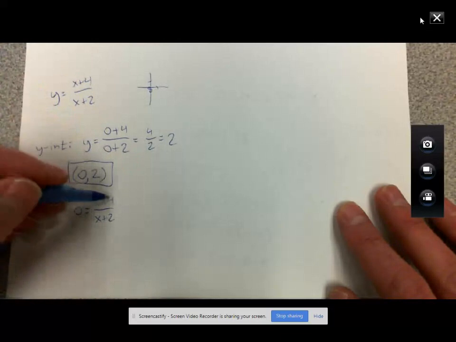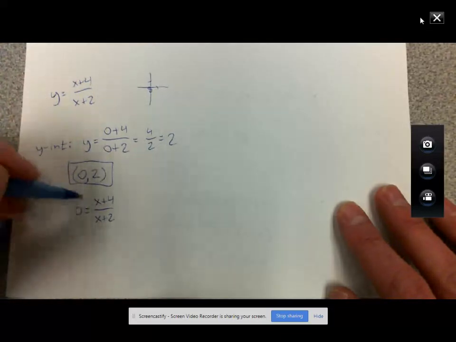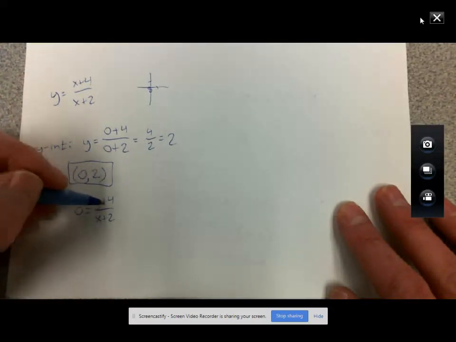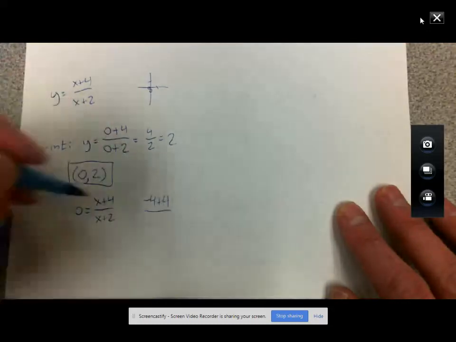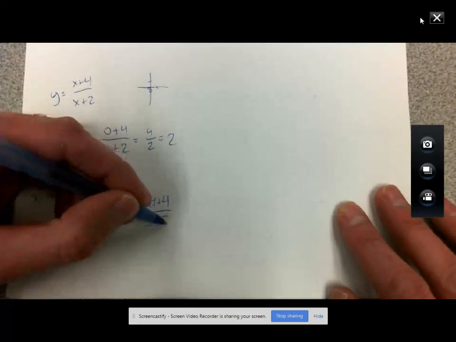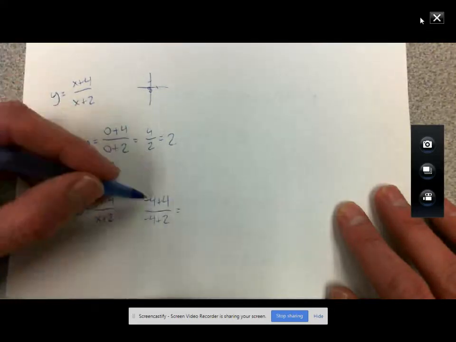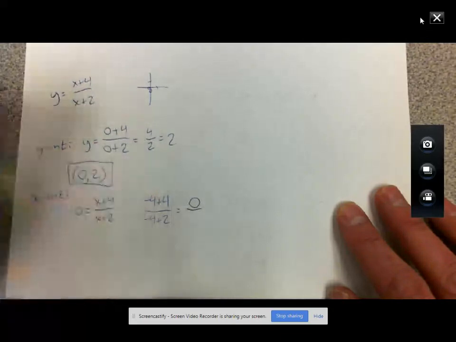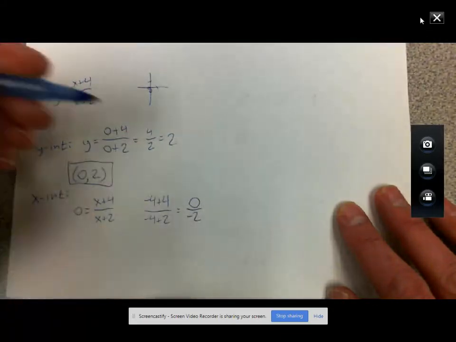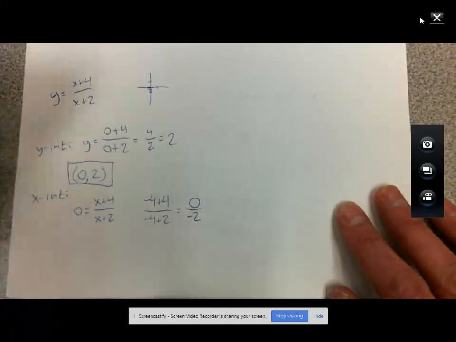If I want 0 divided by something to be 0, well, negative 4 plus 4 is 0. If I plug that into the denominator, negative 4 plus 2 is negative 2. And 0 divided by negative 2 is 0.